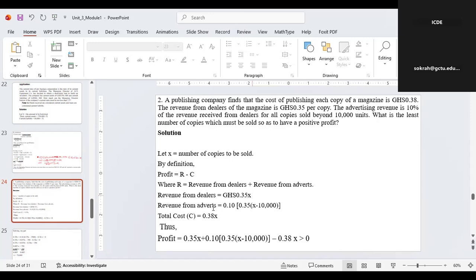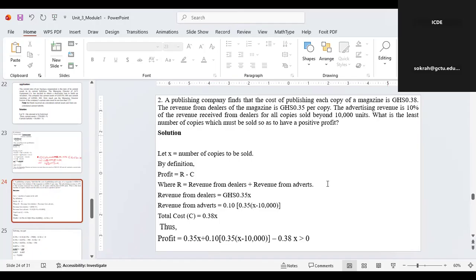And then the revenue from adverts is also 10%. 10% means out of 100, so you divide the 10 by 100. That is what gives you the 0.10 here. Anywhere you see percent, the symbol is 10 times 1 over 100.